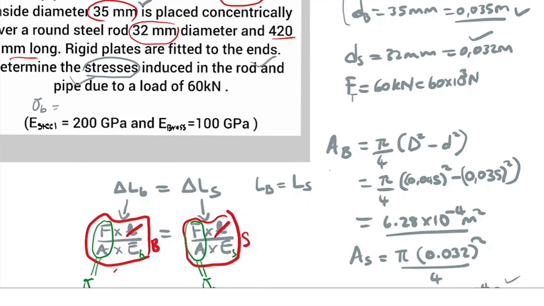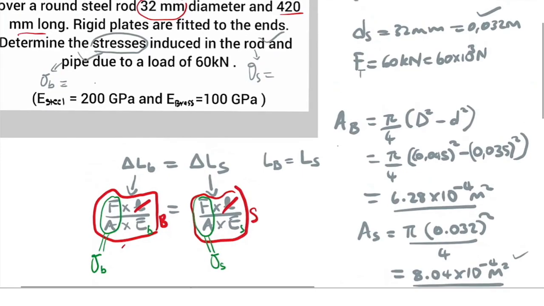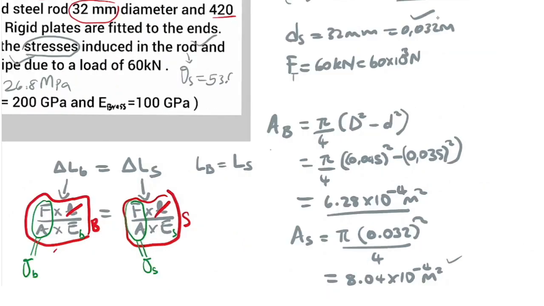So the stress for the pipe is 26.8 megapascal, and the stress for the rod is 53.6 megapascal.